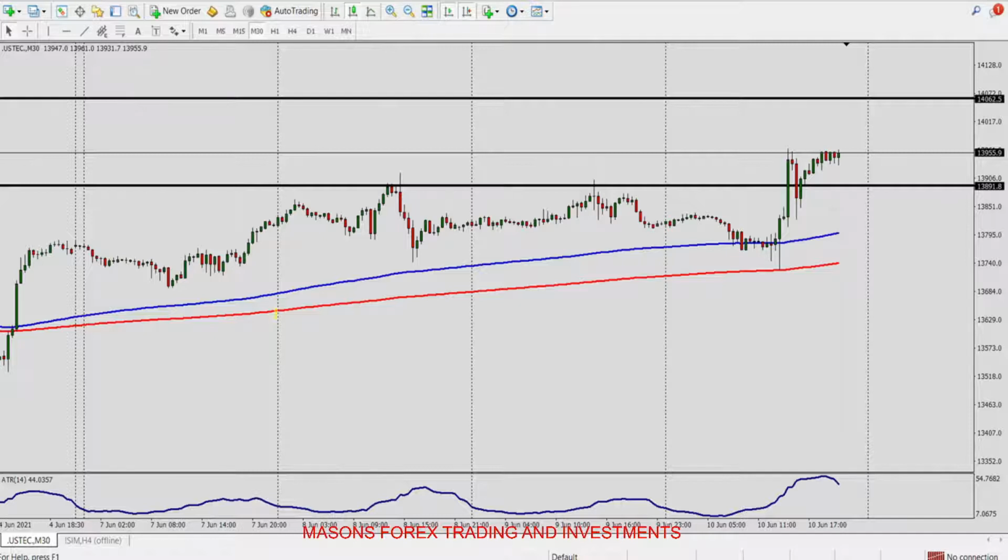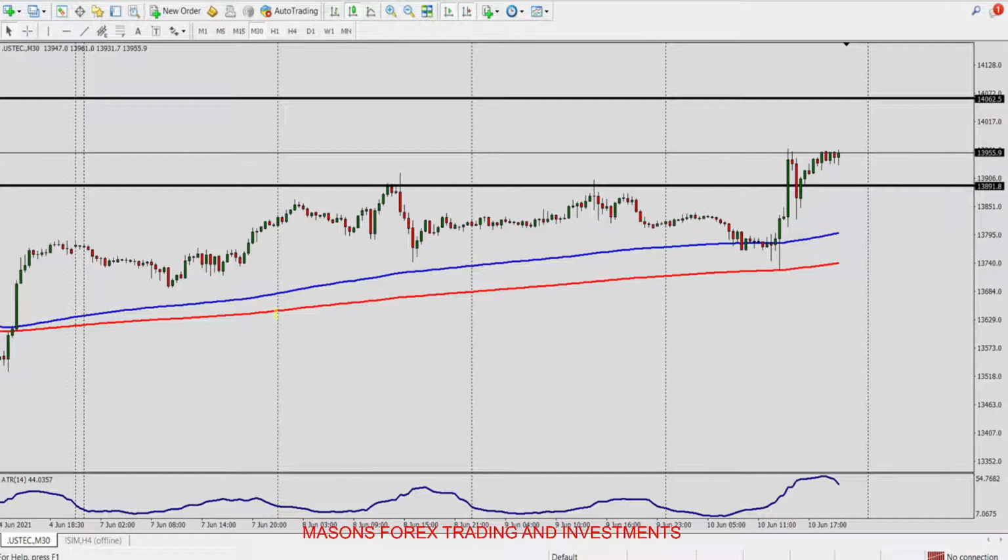So we zoned in and we are now on the 30-minute chart for US Tech or NASDAQ. I have two levels which are marked.